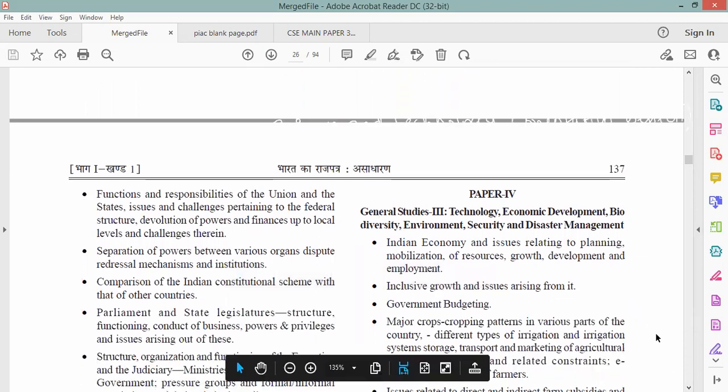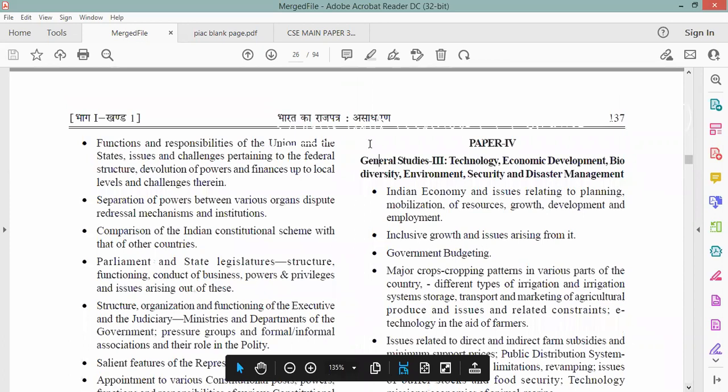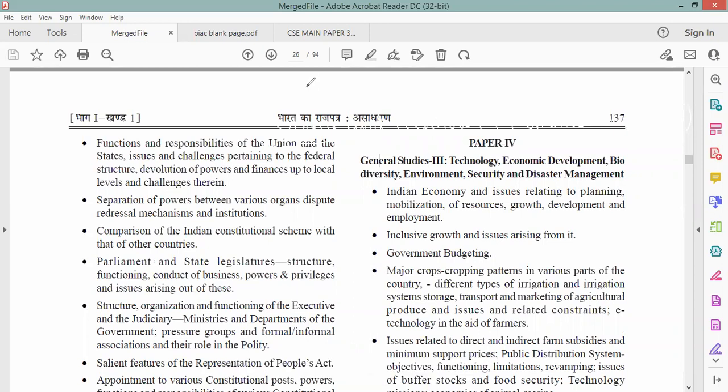Is everybody seeing the syllabus, whether it is displayed on your computer? Okay, fine. Now this paper 4 is there from the examination point of view, but in general studies it is paper 3.